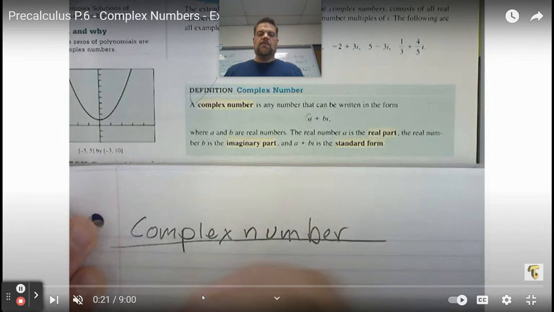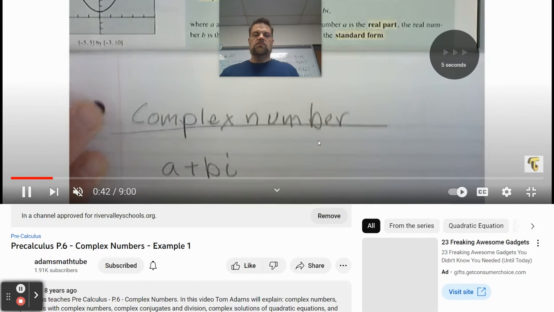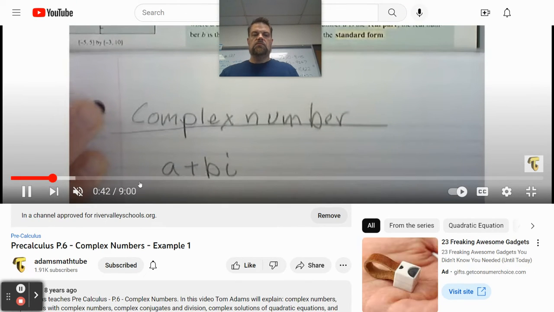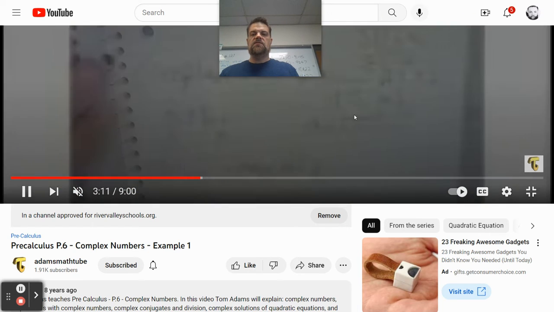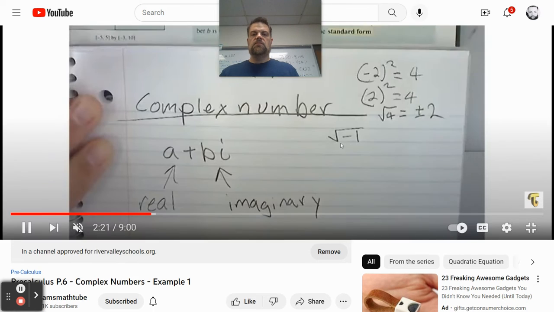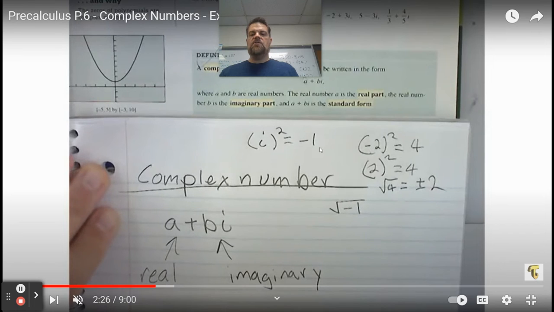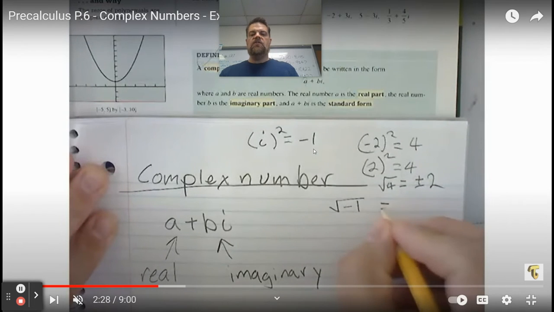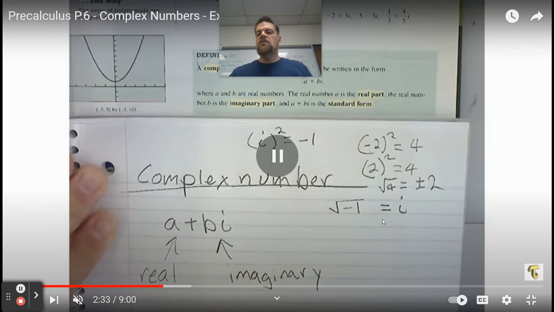All right, so I'm just going to fast forward to the good stuff. But here it is right here. In this part, I said i squared is equal to negative 1. So then if you take the square root of both sides, you get that the square root of negative 1 is i. Okay, that's where that comes from.